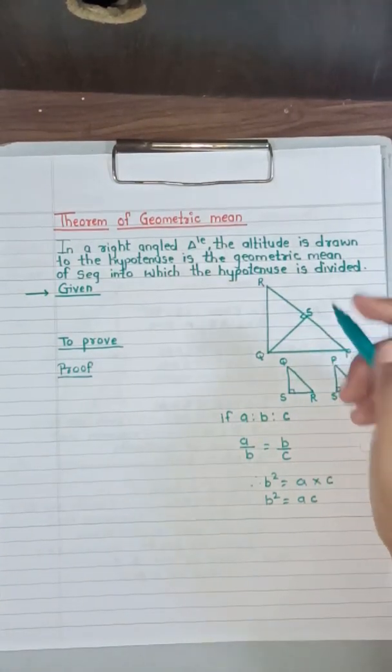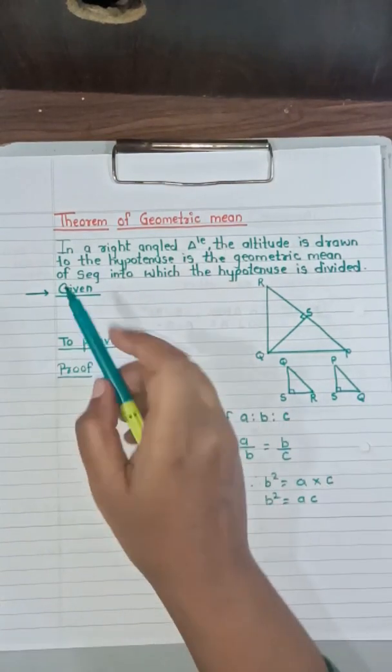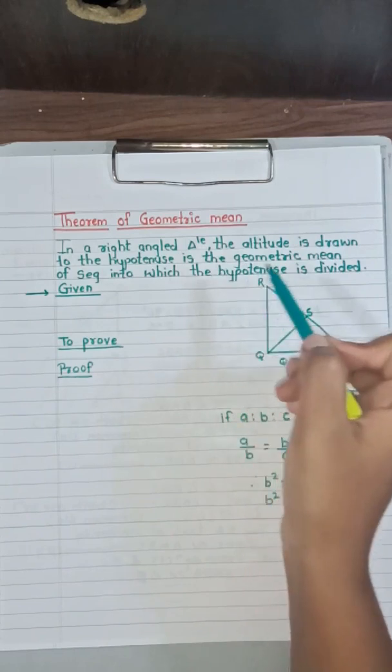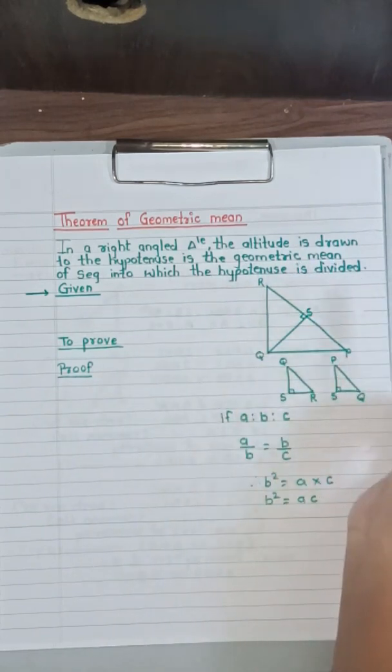Same thing you are going to study for the right angle triangle in geometric mean. Now in a right angle triangle, the altitude drawn to the hypotenuse is the geometric mean of the segments into which the hypotenuse is divided.